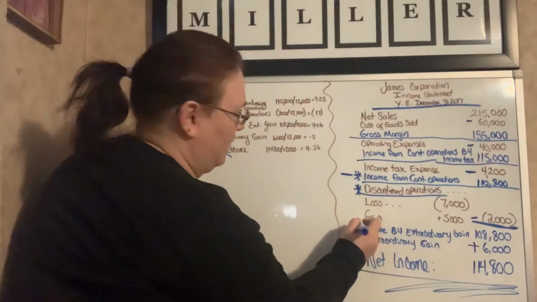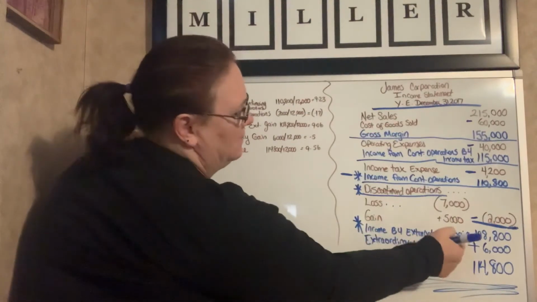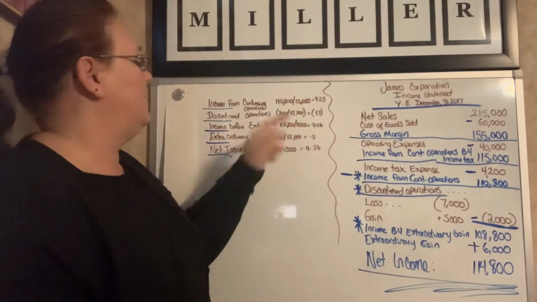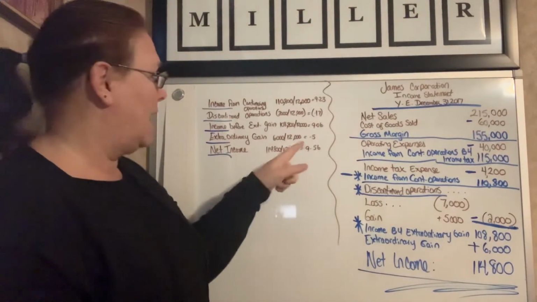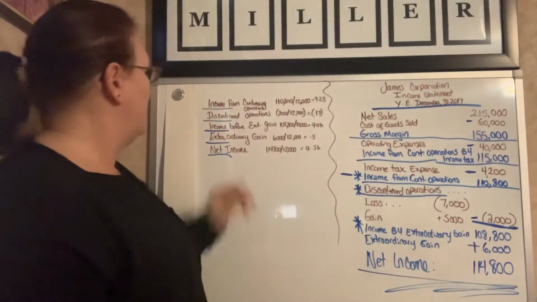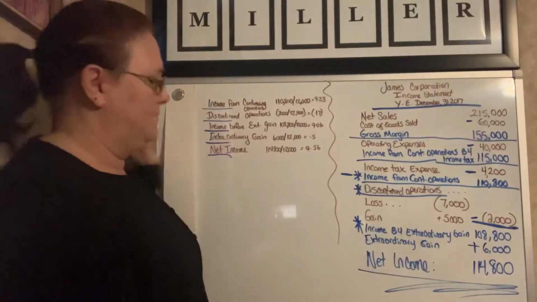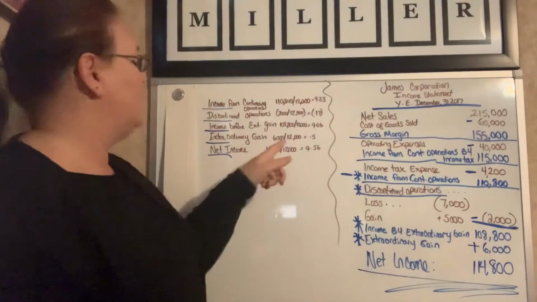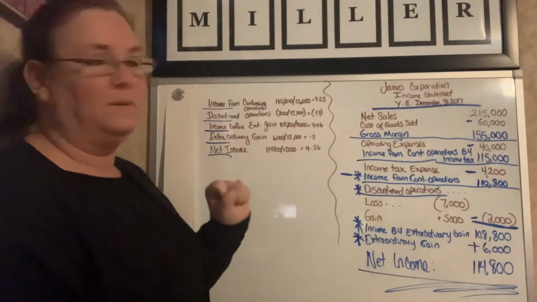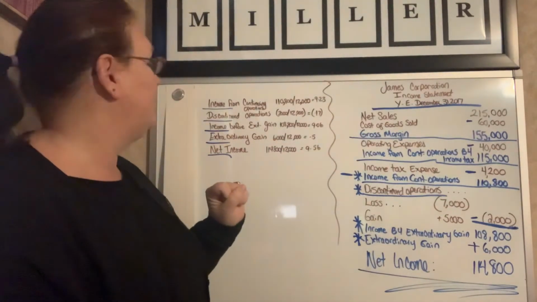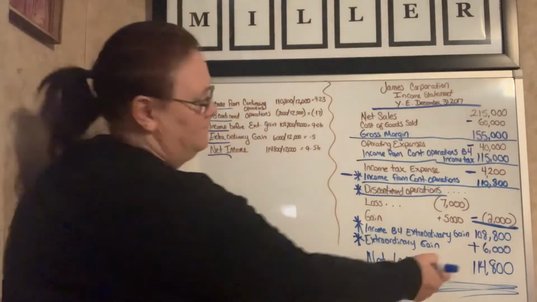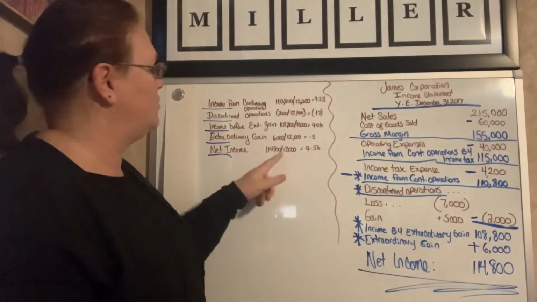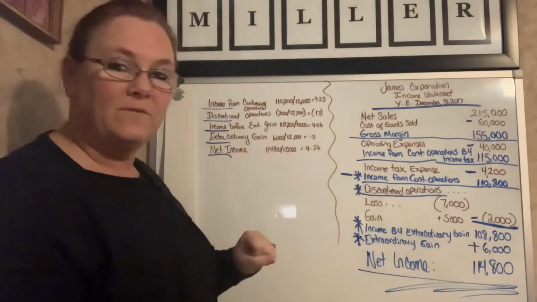That was this number right here, 108,800 divided by 12,000 comes to 9.06. Extraordinary gain, that's this number, 6,000. So 6,000 divided by 12,000 is 0.5. Net income, that's your final number, 114,800 divided by the 12,000, gets you 9.56.